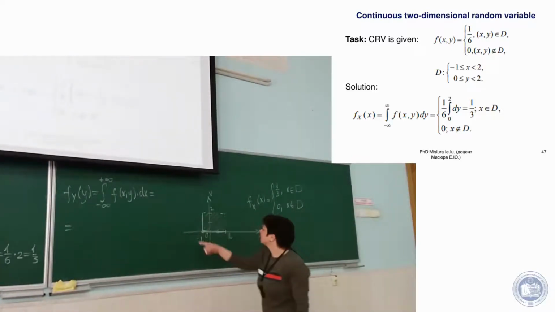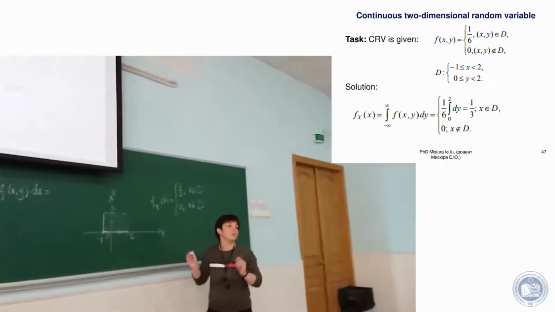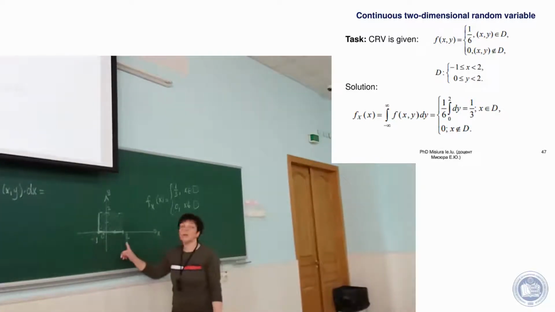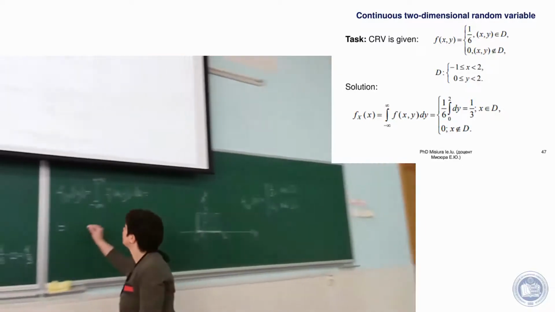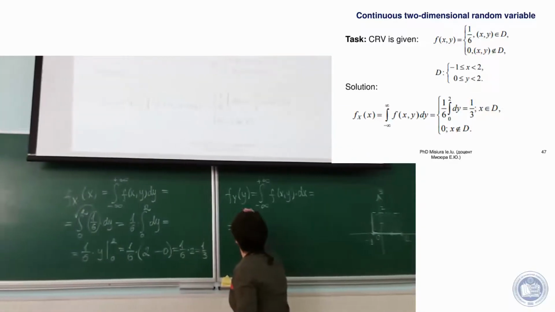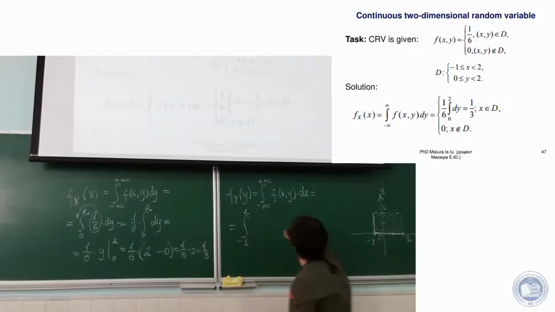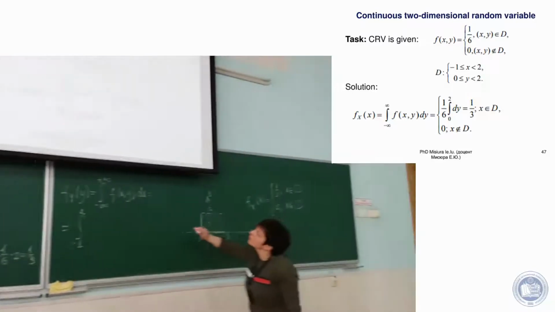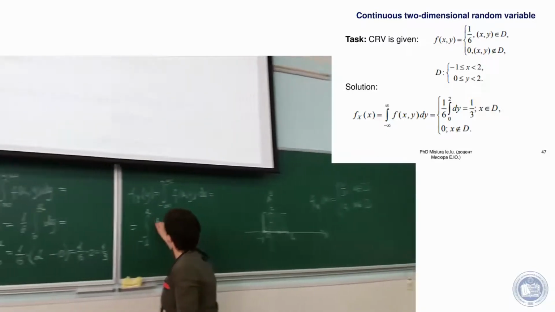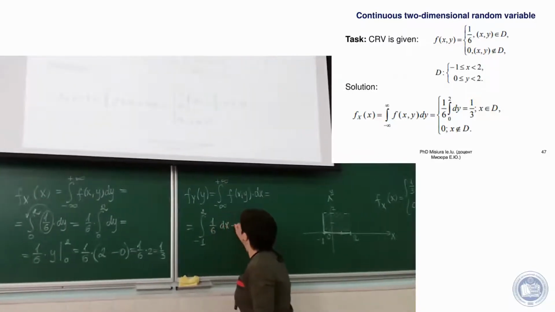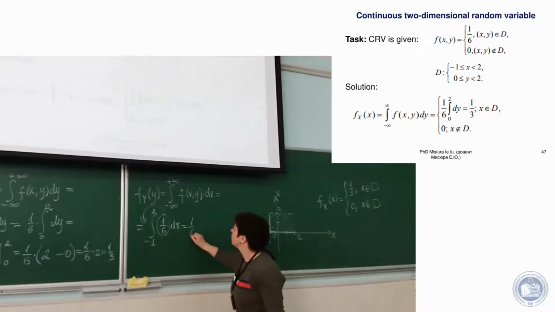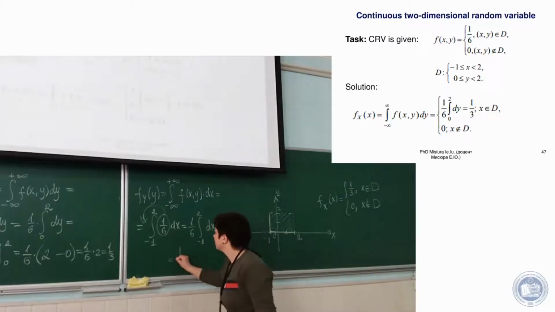Okay, let's look at this picture and call limits for variable x. Minus 1 and 2. Okay. Minus 1 and 2. F of x, y equals 1 over 6 times dx. Let's take out 1 over 6 and get 1 over 6 times integral from negative 1 to 2 dx and equals.